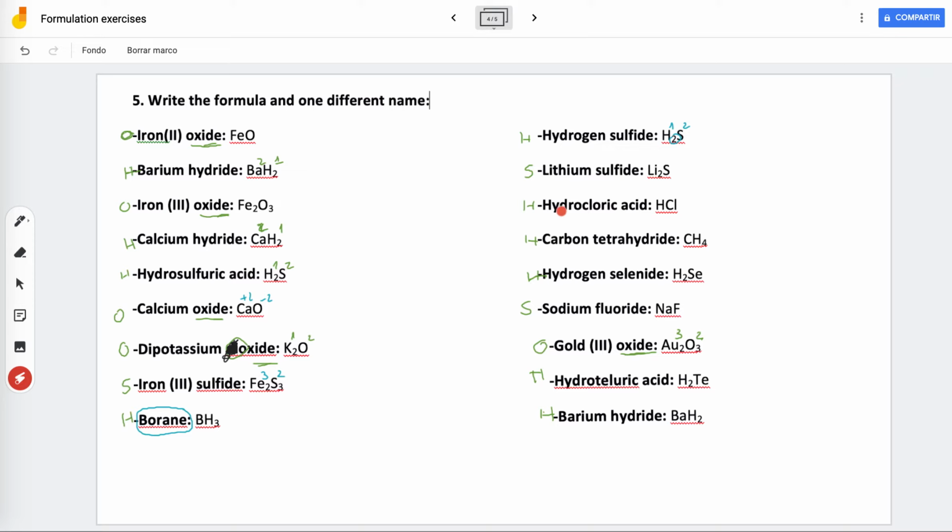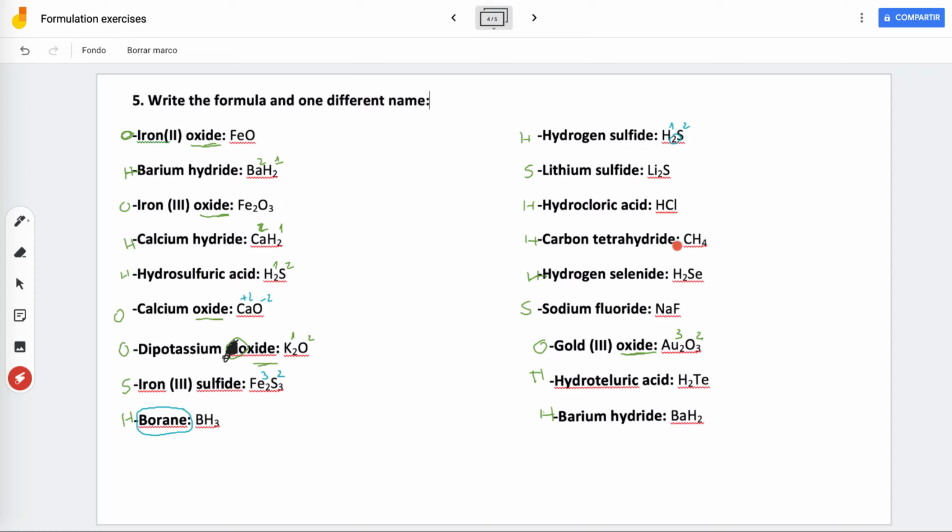Hydrochloric acid. Hydro. First of all, hydrogen, and then chloric. Yes. Chlorine has an oxidation number of 1 in this case. Good. 1, 1. We don't write it.